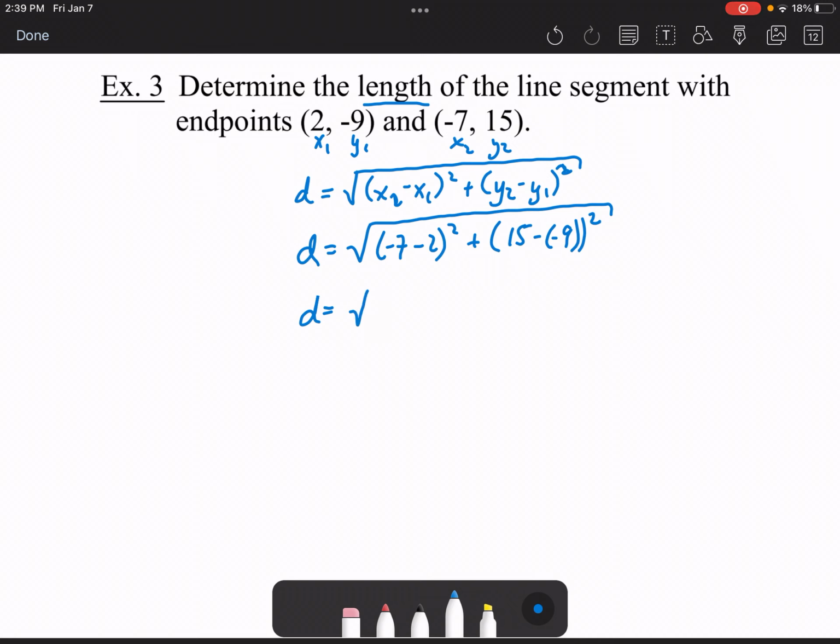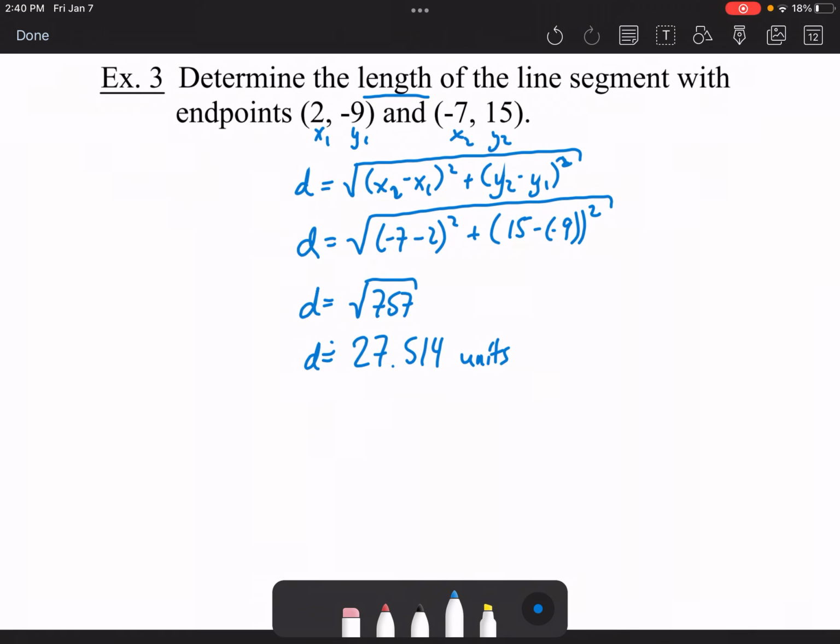So this turns out to be the square root of 757. If you want, you can actually work that value out. That's approximately 27.514 units. And thus concludes this lesson.